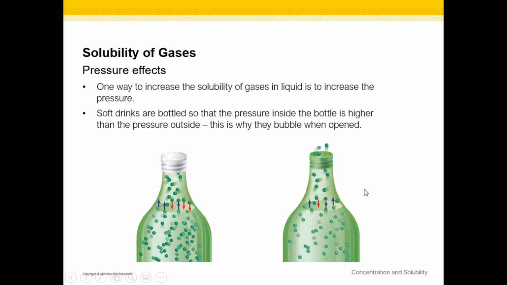And so that's what's happening with the soda here. We pressurize the bottle, and that makes the dissolved carbon dioxide stay in solution. As soon as we open it, we depressurize it, the gas escapes, and now it's a lot more likely that gas particles are going to come out of solution and into the air.